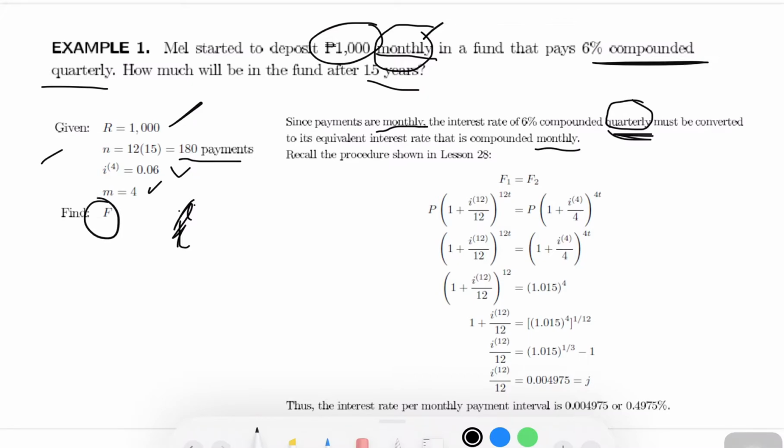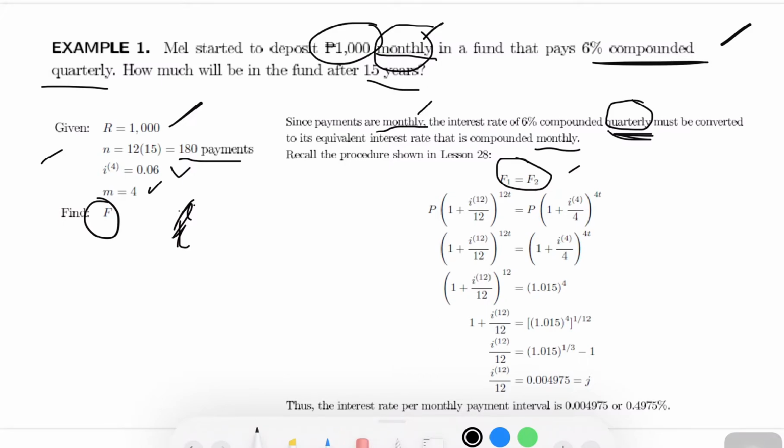Going back, since this is monthly, we need to convert this 6% compounded quarterly into per month. Their future values must be equal, of course. This must be the condition.